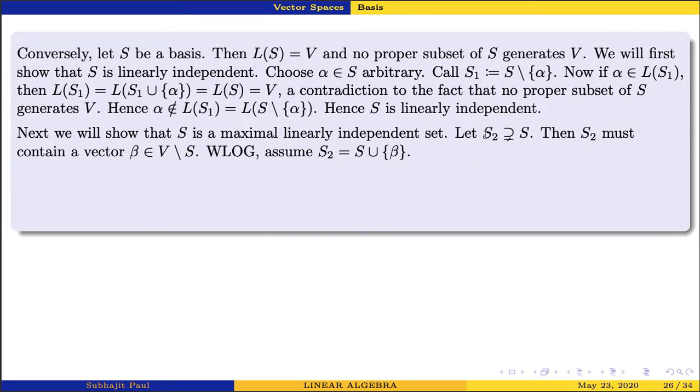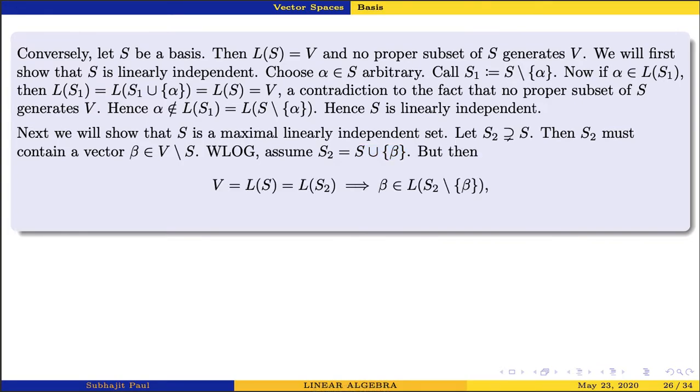Because we have chosen S2 to be any proper superset of S. So that means S2 has at least one extra vector, and this is the least proper superset we can think of. If the thing is true for S2, it will be true for any superset of S. So without loss of generality, assume S2 is equal to S union only one vector beta.